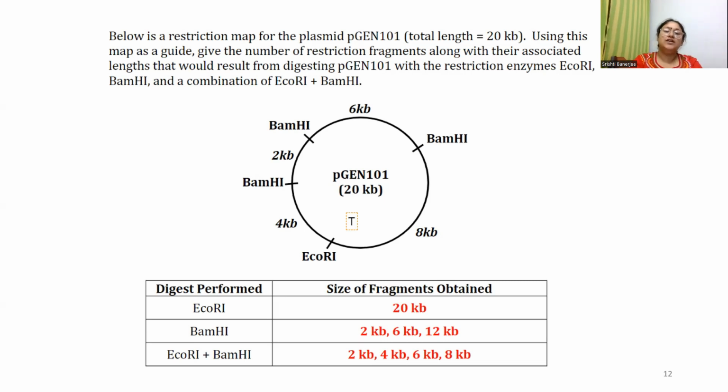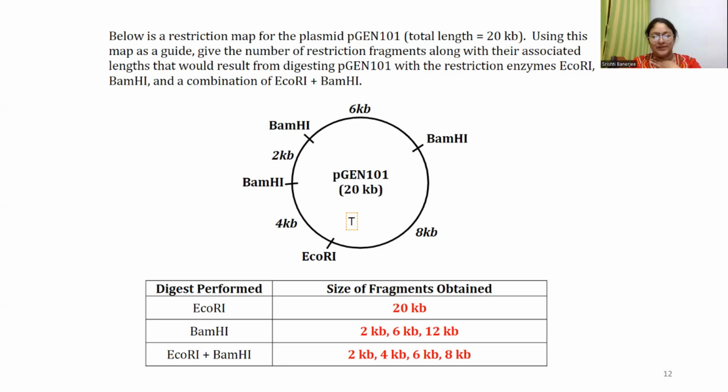Now, if we use this map as a guide and we are asked to find the number of fragments along with the lengths that are going to be formed when you are subjecting this particular plasmid to the restriction enzyme.